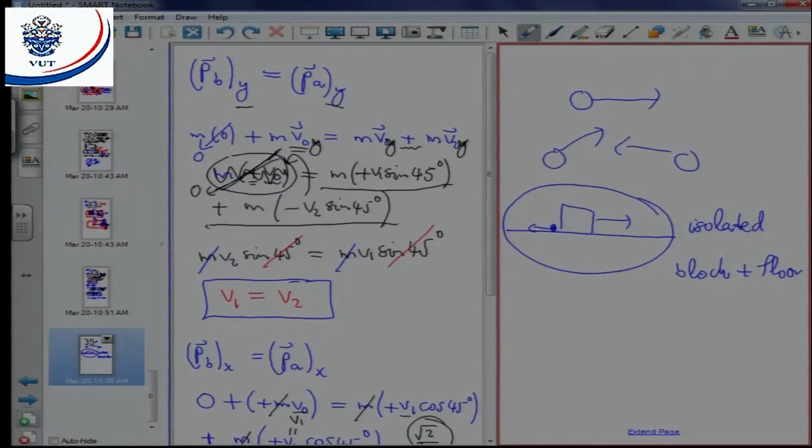This is work done. The floor will then heat up, so that means the energy was transferred from the block to the floor. So as a system combined, the block and the floor would be an isolated system, whereas the block alone is not an isolated system. So that's what I mean by isolated.